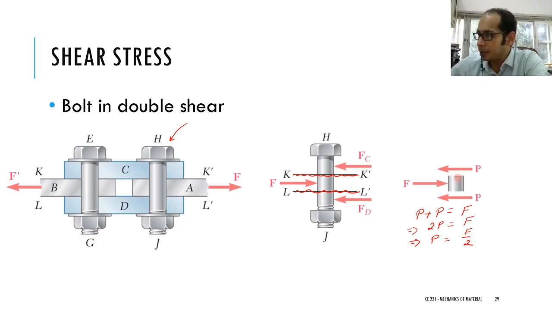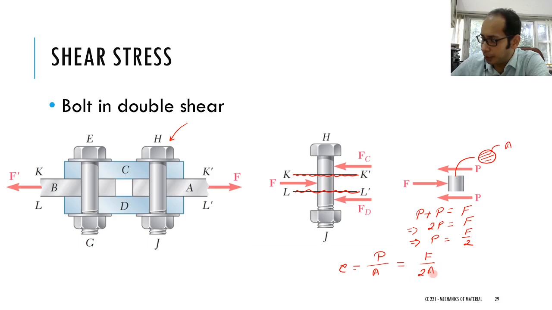Now if this particular bolt has a certain cross section, say A, what is my tau which is acting? Tau is nothing but P divided by the cross sectional area A. Now if I substitute that, it is F divided by 2A. Again, this is tau average, right?